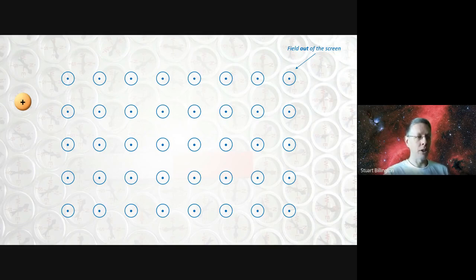Remember, these little dots in circles are our diagrammatic representation of magnetic field lines that are sticking out of the screen towards you, like an arrowhead coming towards you. And the spacing of these lines indicates that it's a uniform field, so that the magnetic field strength is the same at all places.